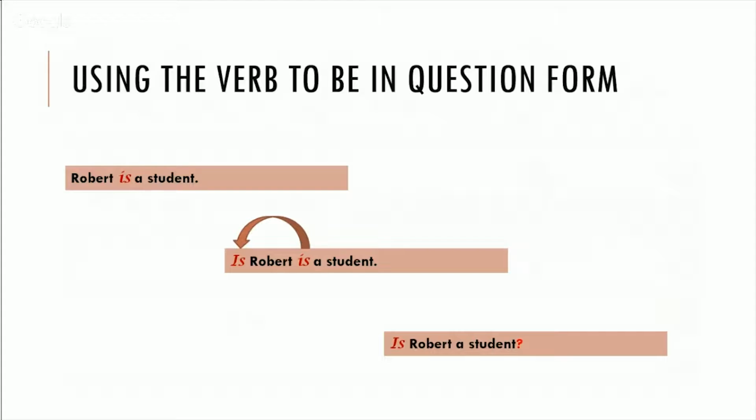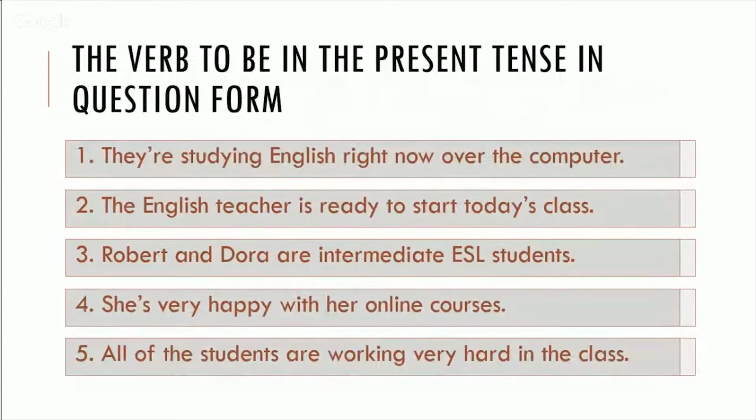Robert is a student, a very basic sentence. If you move the verb to be to the beginning of the sentence, it becomes a question. Is Robert a student? Don't forget to put the question mark at the end.